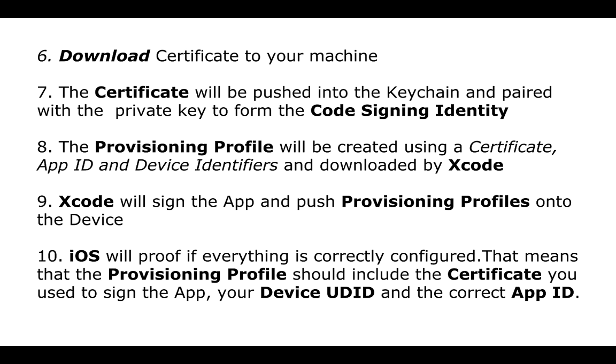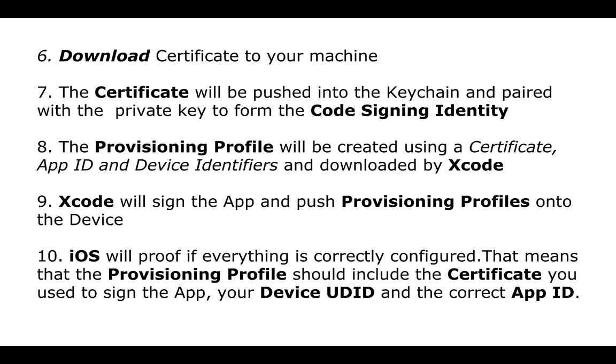Then the provisioning profile will be created using a certificate, app ID and device identifier, and downloaded by Xcode. Xcode will sign the app and push the provisioning profile into the device. We'll see this step, how Xcode pushes the provisioning profile into the device and how things work, in practical as well.